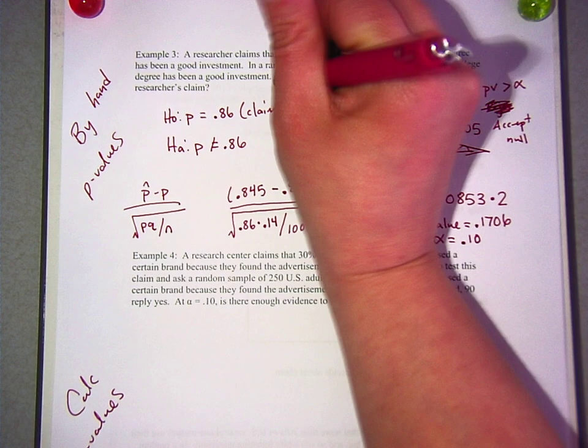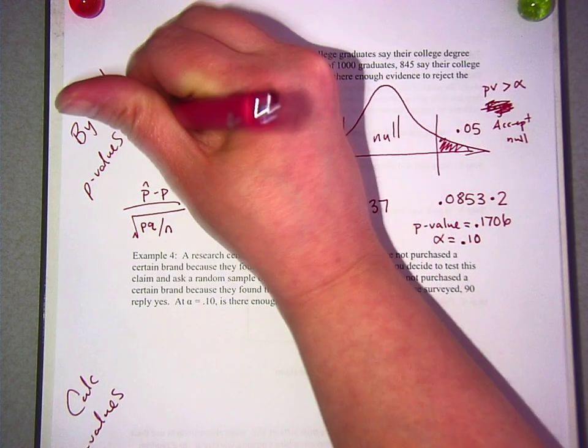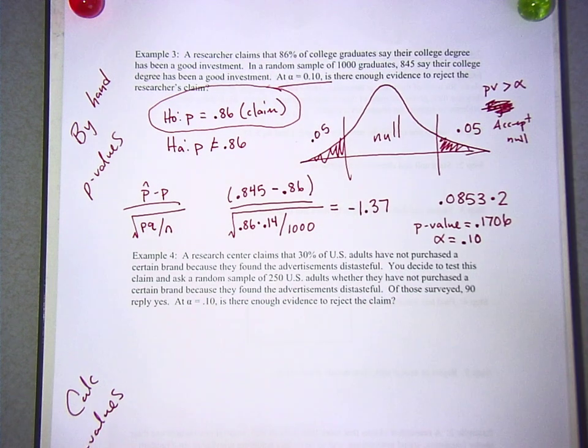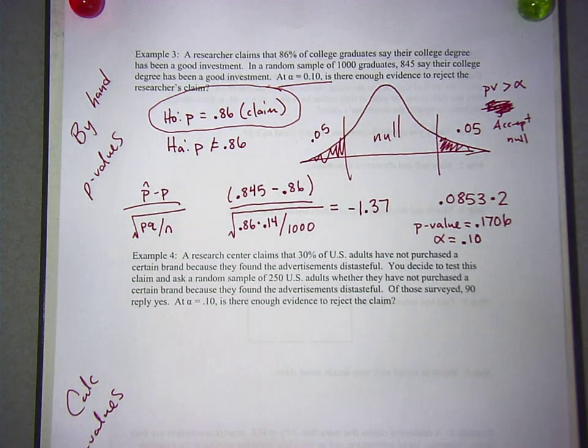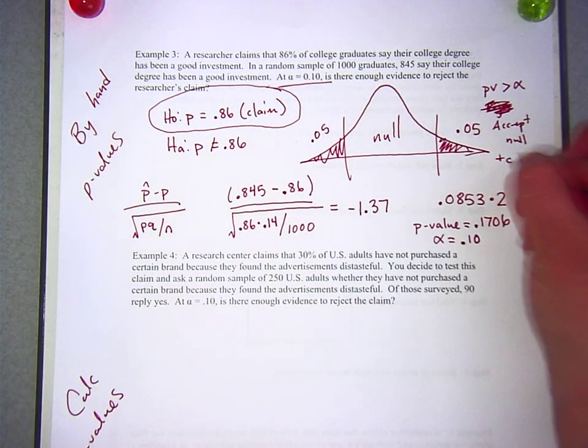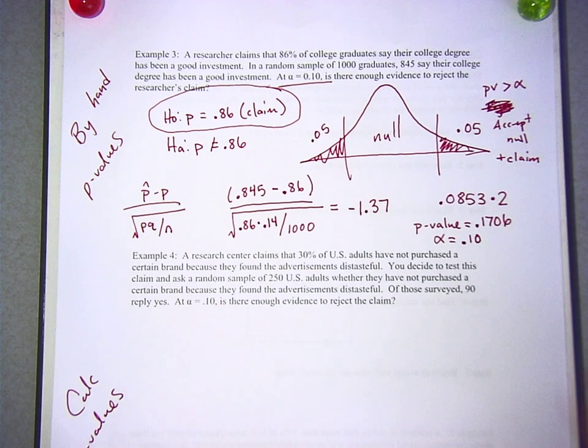In this case, if I'm accepting the null, I'm also accepting the claim. So I'm going to accept the null and the claim. Normally I'd write a sentence, but I'm not going to right now because I'm out of room.